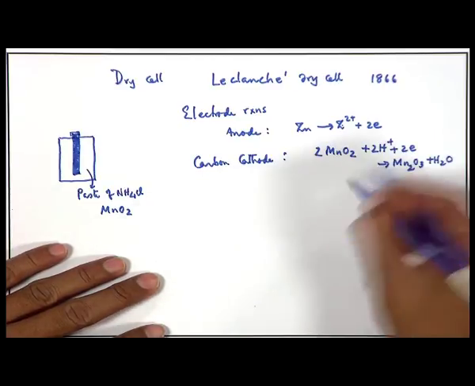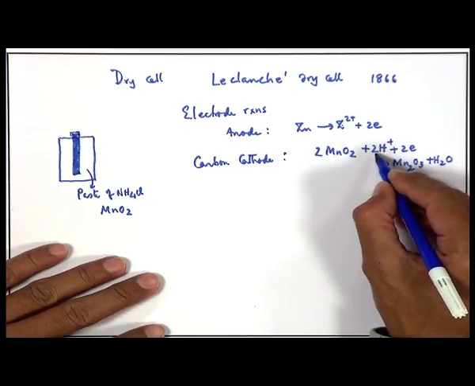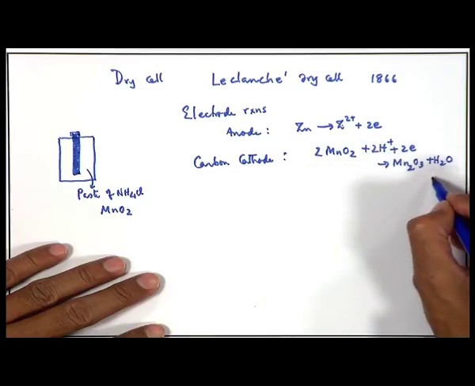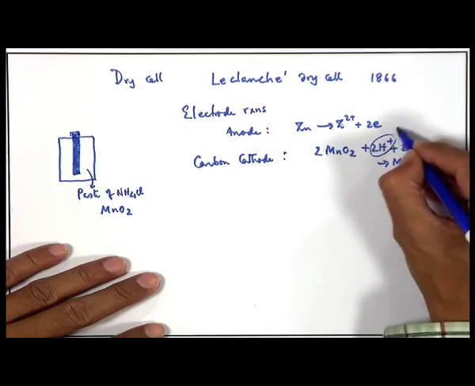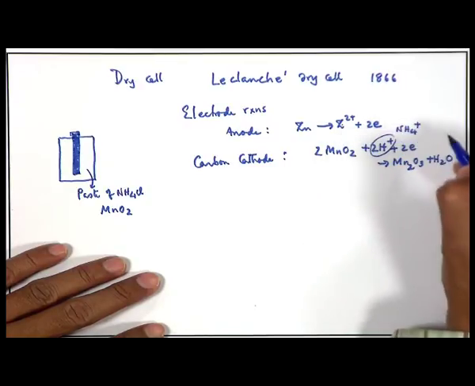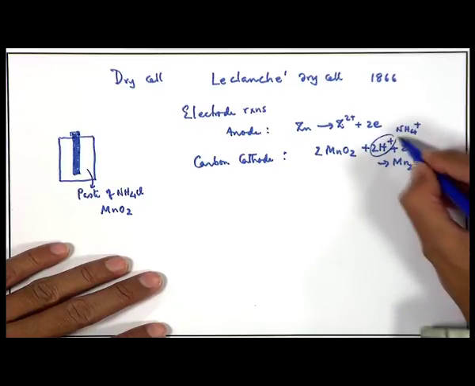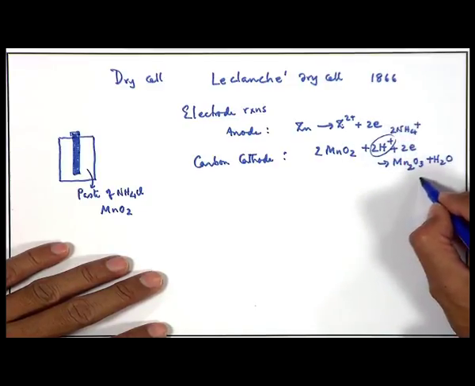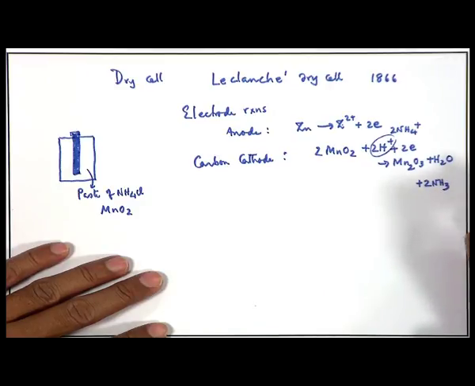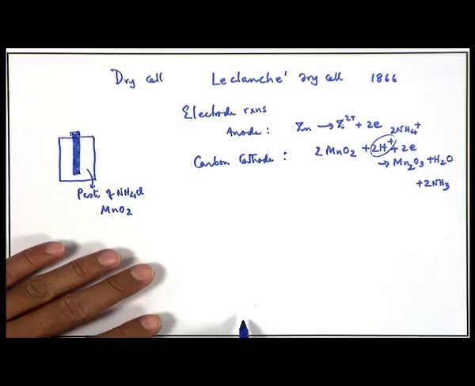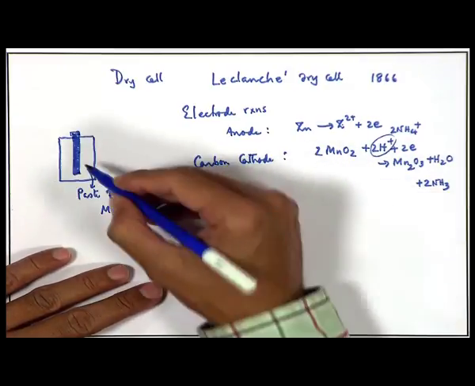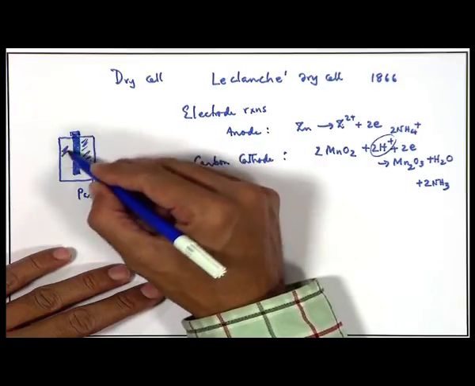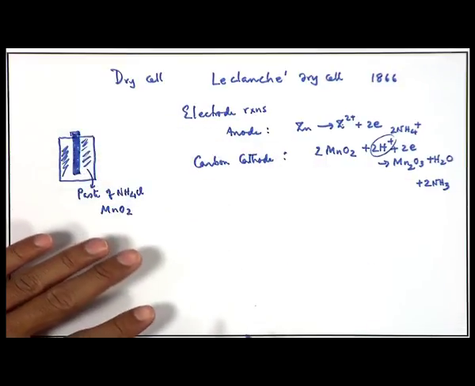If you write it in the form of NH4+, then you should write 2 NH4+, and you will have to write plus 2 NH3. Therefore, it has a limited shelf life due to self discharge, because it has got some internal resistance through which this electricity is discharged.